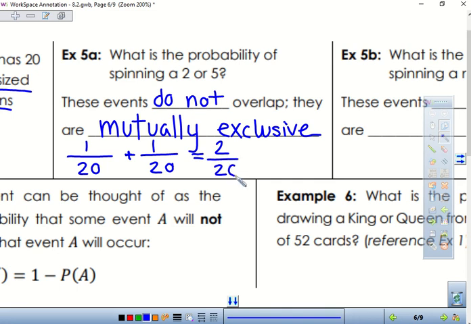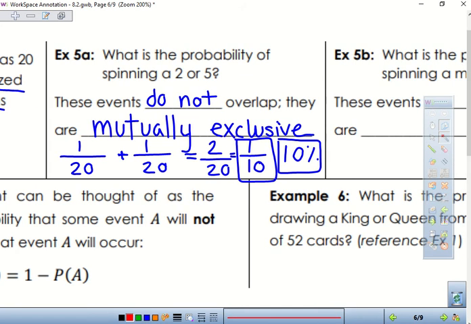It's 2 out of 20, which is the same thing as 1/10, which is 10%. So you have a 10% chance of spinning a 2 or a 5. Everybody good with how we got that? All right.